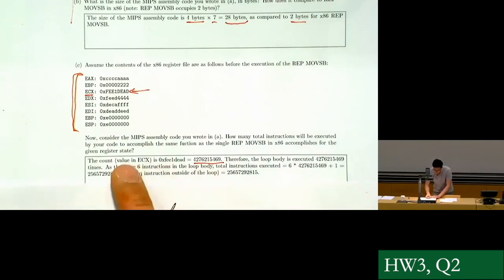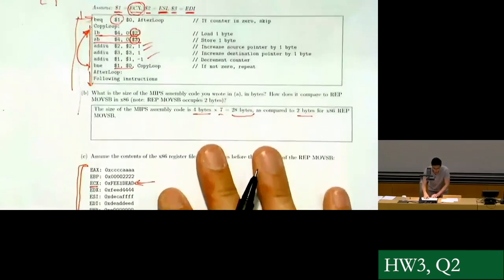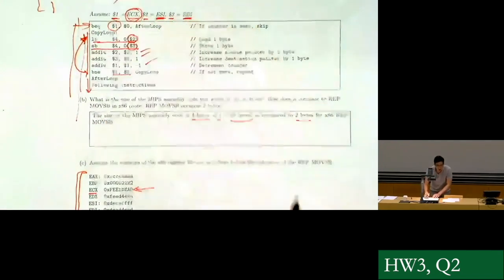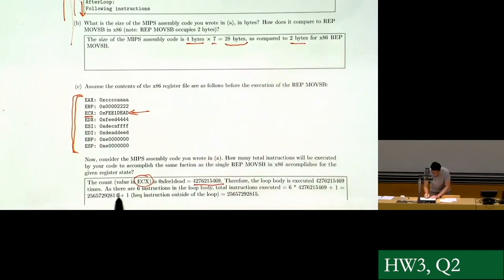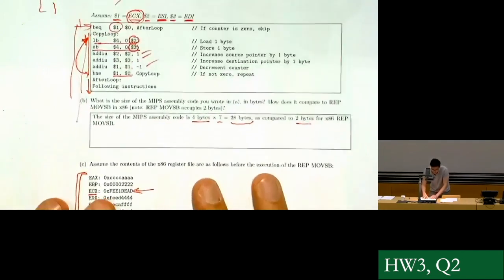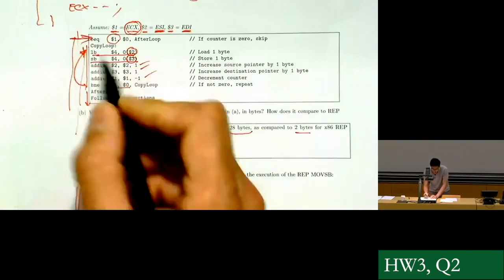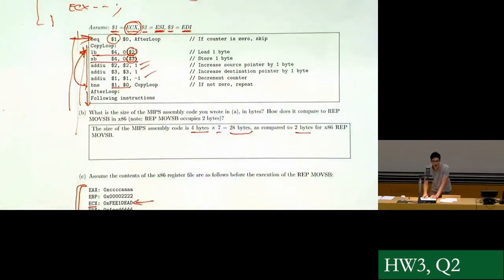Because this ECX register tells us the number of times that this loop is going to be repeated, the total number of bytes that we are copying, and the body of the loop has 6 instructions, the total number of instructions executed in this case is 6 times the value of register ECX, plus 1, because remember that in the beginning we had this BEQ instruction.